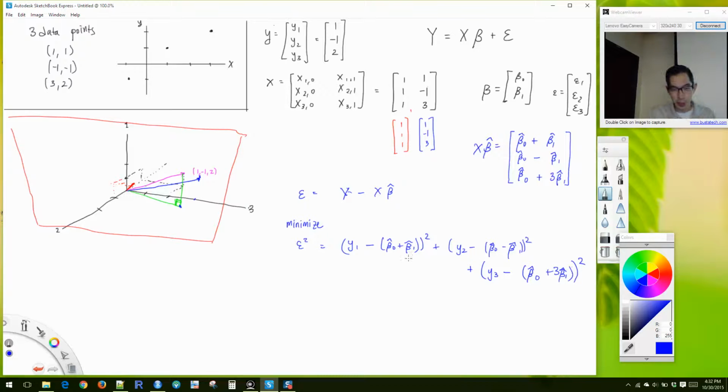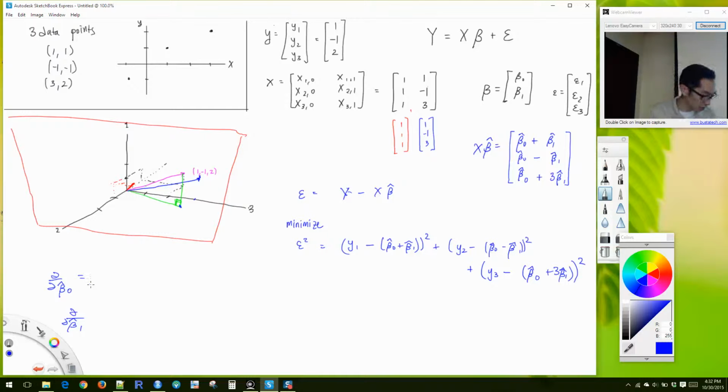Okay, so we're just minimizing the difference between each y and our x beta hats. Okay, our y hats essentially. And so we're going to take the partial derivatives with respect to beta 0 hat and beta 1 hat.